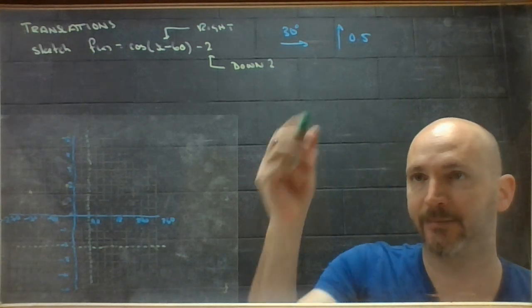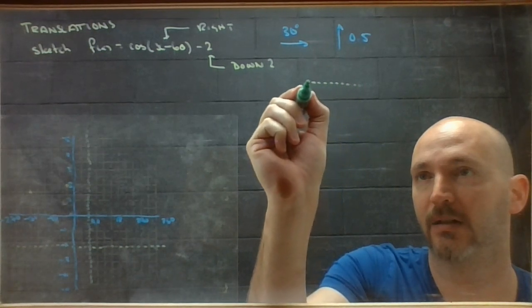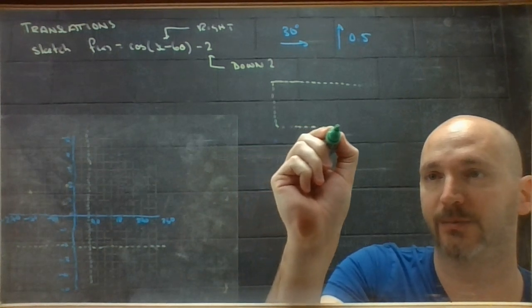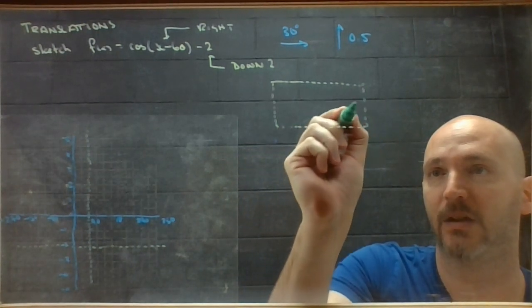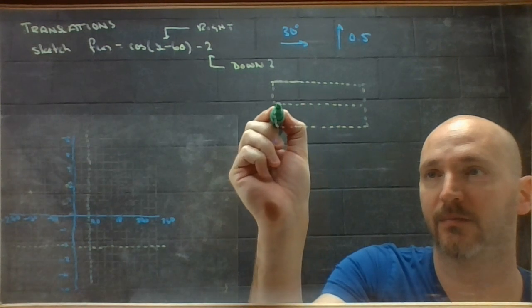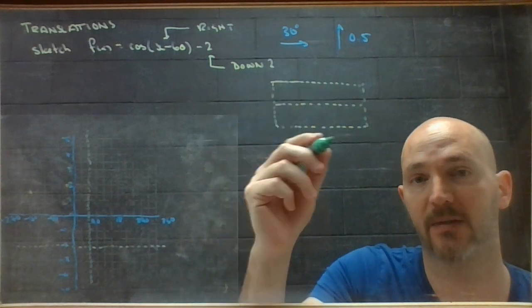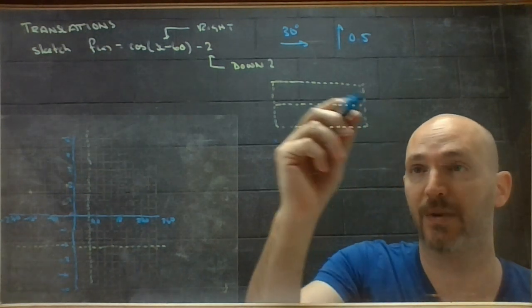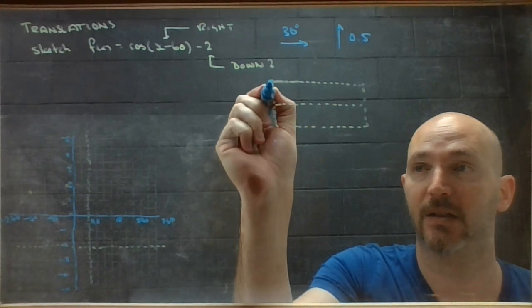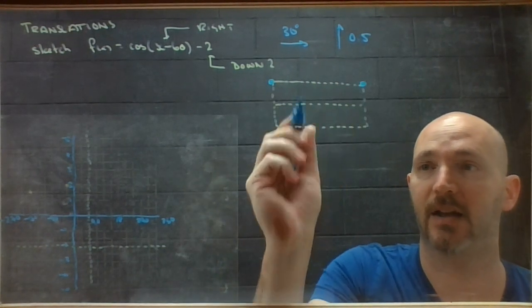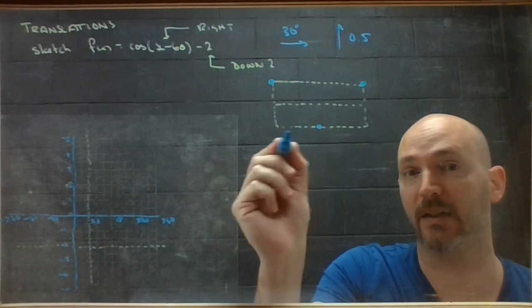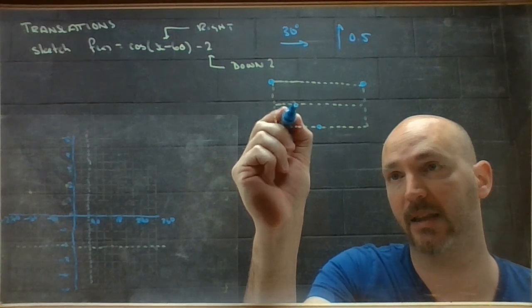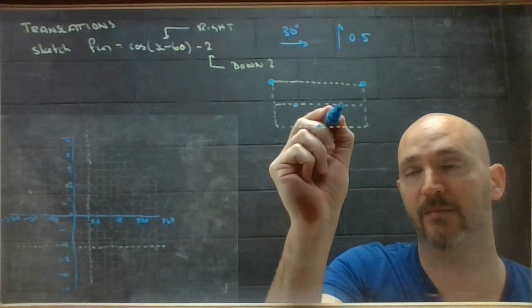So a cosine pattern fits in a box, like so. There's a midline, and there's a maximum for the wave, and there's a minimum for the wave. And the pattern for cosine is that within this rectangle, it starts high, it ends high, it bottoms out exactly halfway, and then it crosses the midline exactly halfway between these two things.